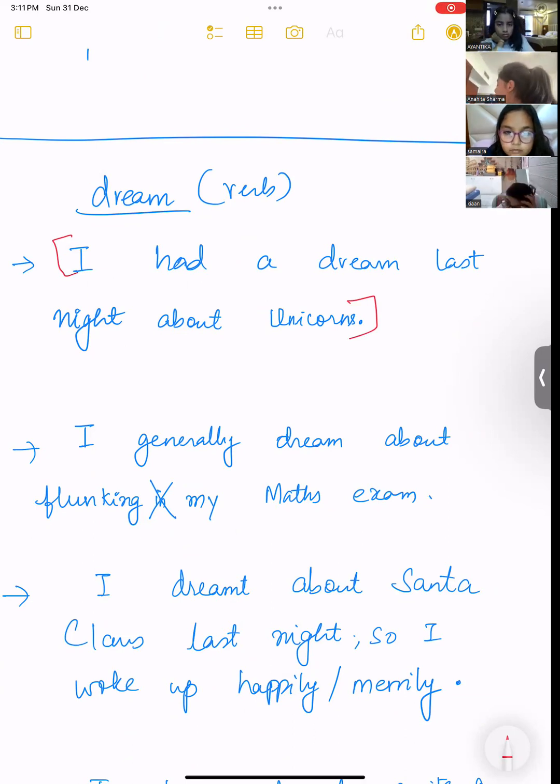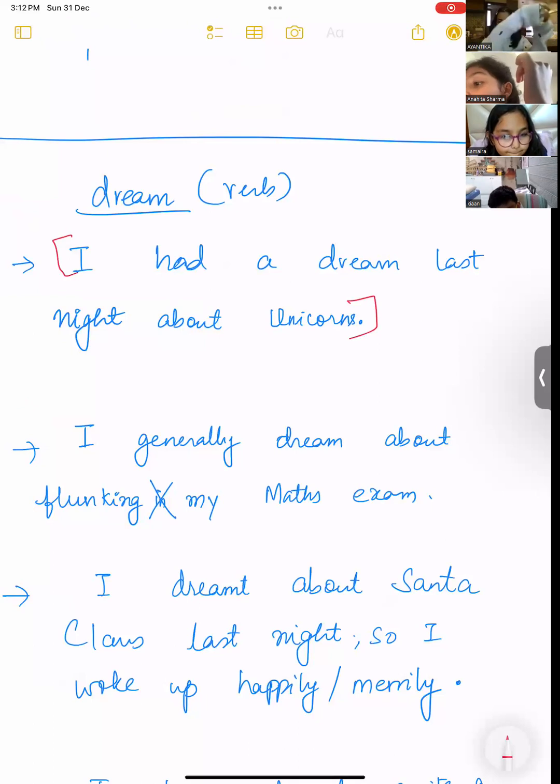I had a dream last night about unicorn. Now, do you think dream is a verb here? No, Samaira, what is it? It is a noun. Yes, it's a noun.